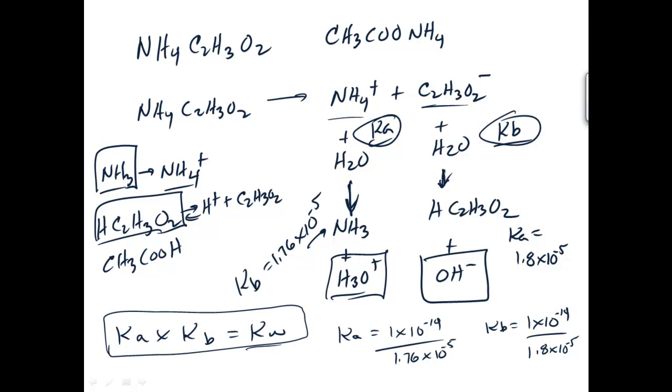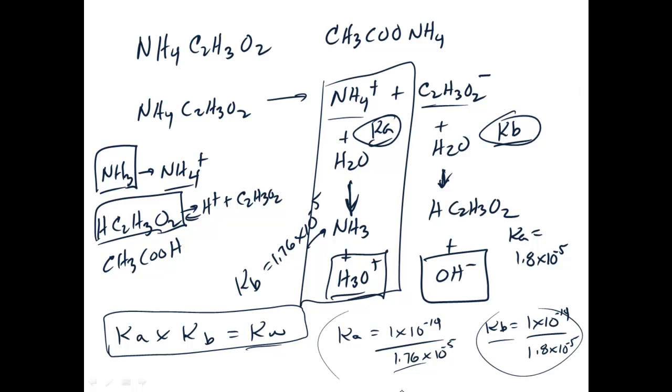Well, we can see now that we just happened to choose two ions that have pretty much the same equilibrium constants. To two significant figures, this is 1.8 times 10 to the negative 5th, too. So, had Ka been much larger than Kb, you would have said this reaction dominates and the solution would be acidic. Had Kb dominated, being a much larger number than this number, then this reaction would have dominated and you would have said the solution was basic.